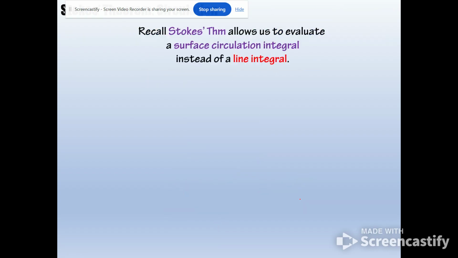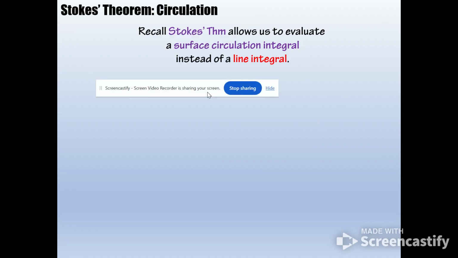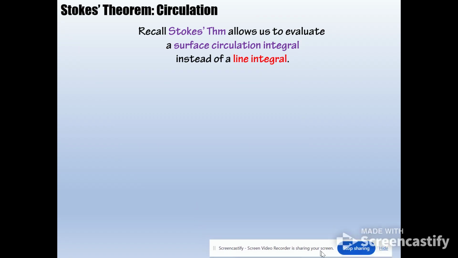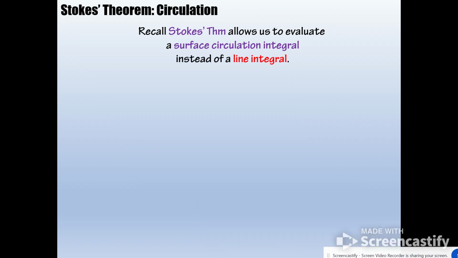cylindrical. So recall that Stokes' theorem allowed us to evaluate a surface circulation integral, right? Instead of a line integral.